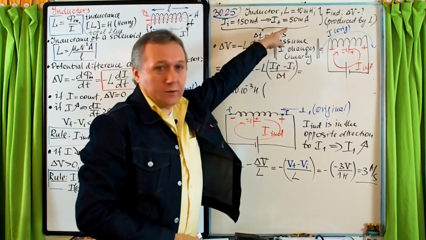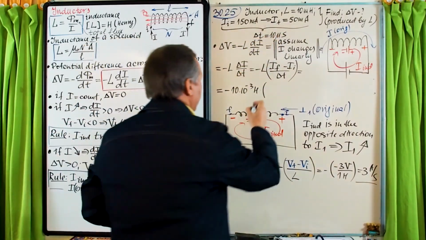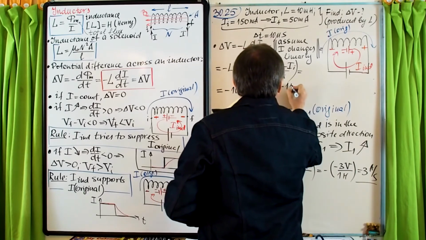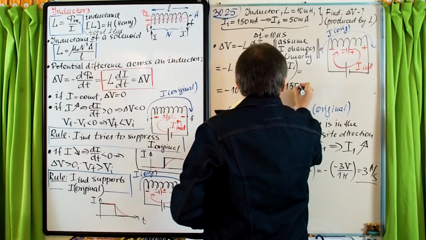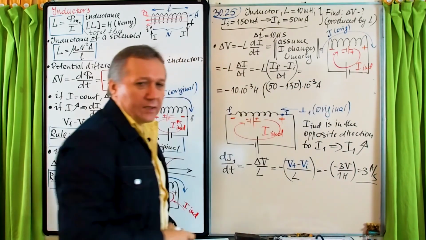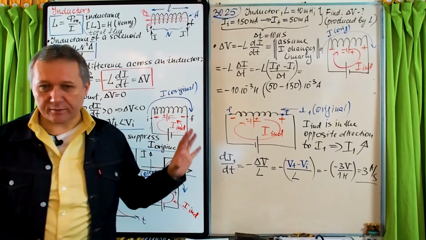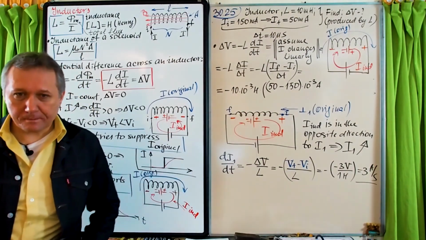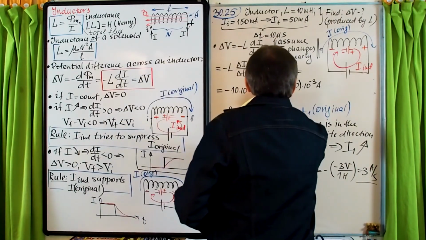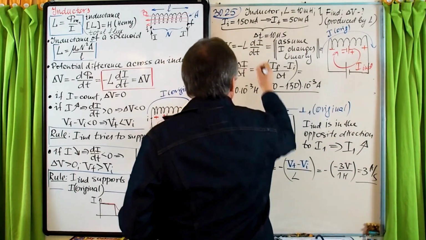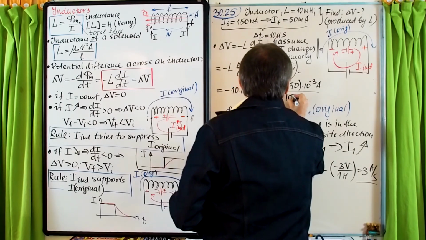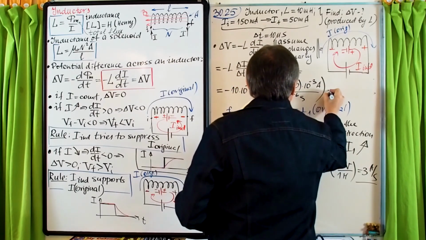I final 50, I initial minus 150, multiplied by 10 to the power of minus 3 amps, since they are milliamps. I just factor it out. And divided by the stretch of time over which this transition of the current happens, so delta t is 10 microseconds, 10 times 10 to the power of minus 6.